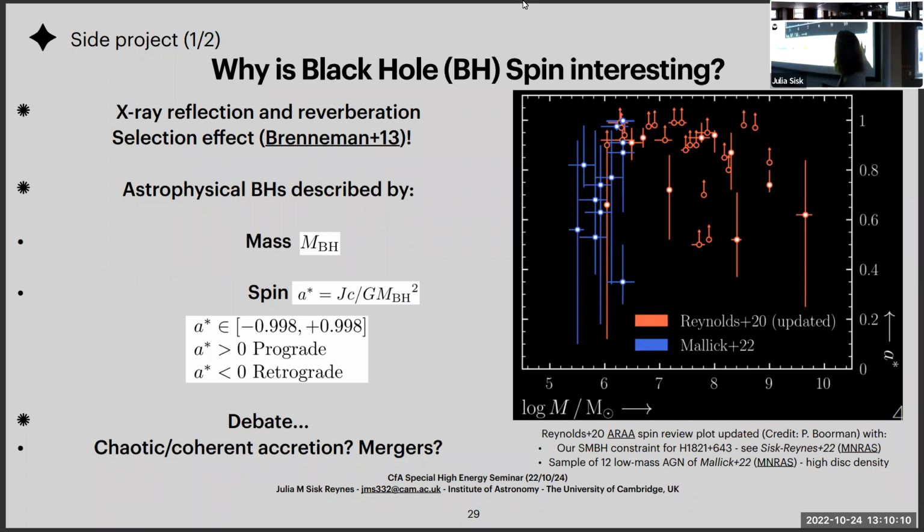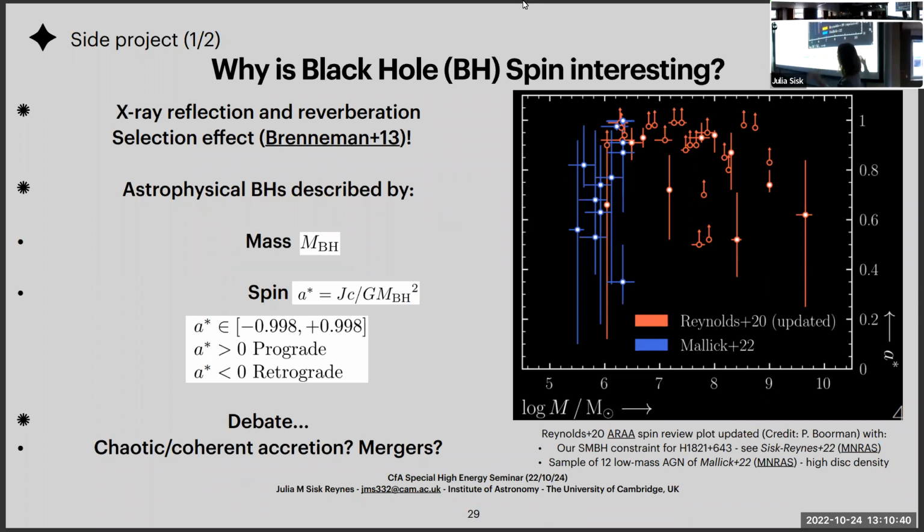As you can see, these are probing a wide range of supermassive black hole masses, almost 5 orders of magnitude in mass here. And we seem to have detected only prograde spinning black holes. So these are black holes that are accreting, and the mass falling into the black hole is prograde with the direction of rotation of these black holes.